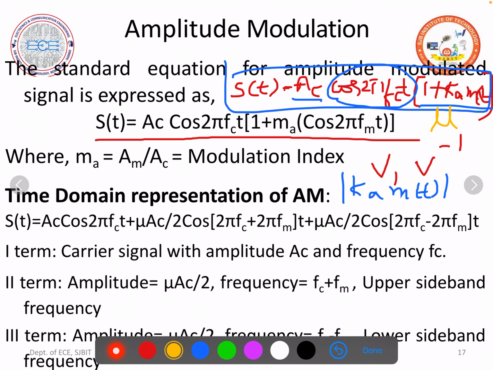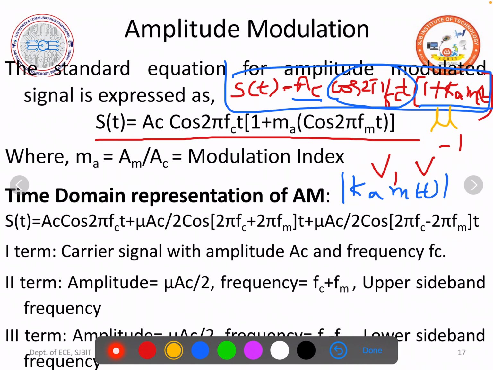So you will get the maximum absolute value of Ka into m of t, which we define as the modulation in percentage. For any value when Ka into m of t is less than 1, it means less than 100%. This type of modulation is linear amplitude modulation.